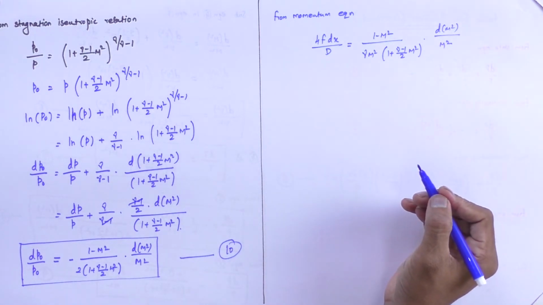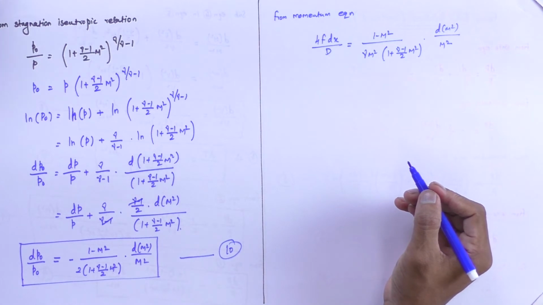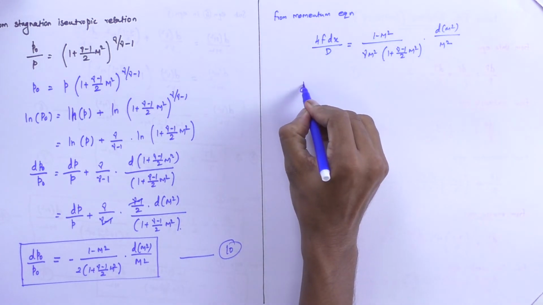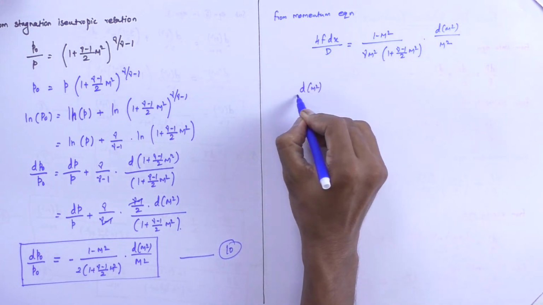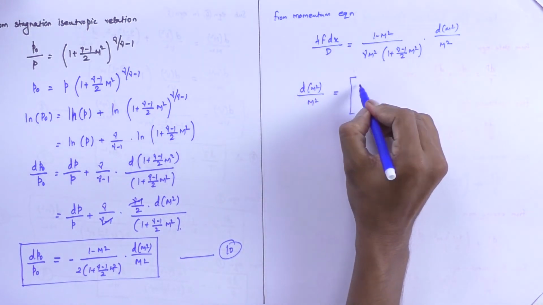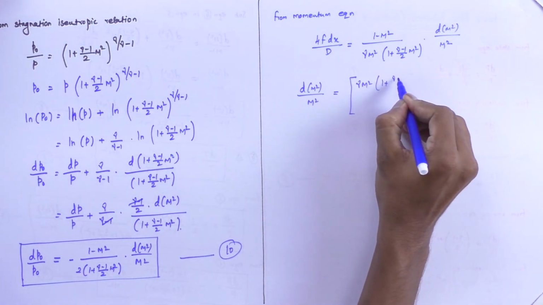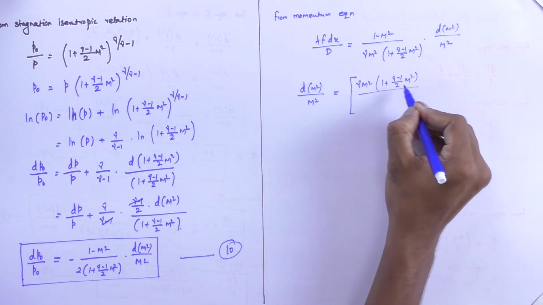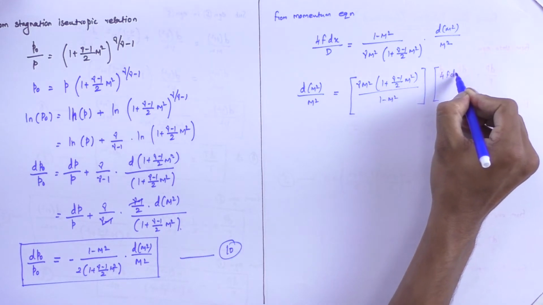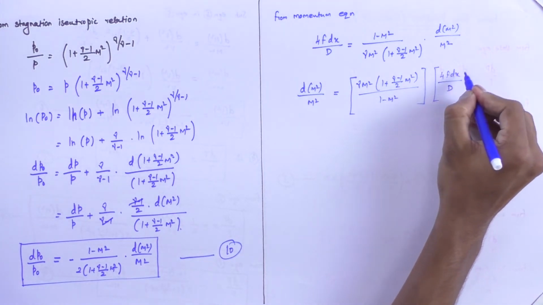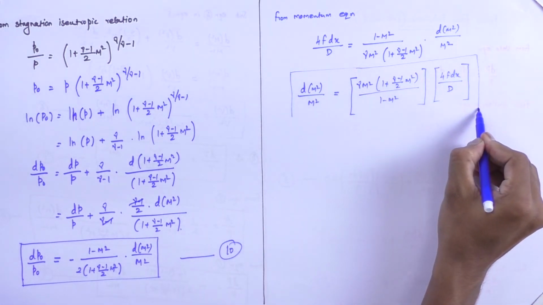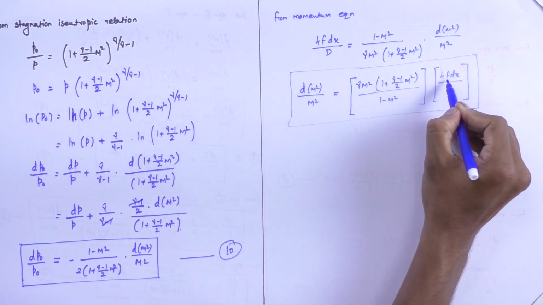In reverse, here we can represent Mach number variation as a function of this frictional coefficient and dx. So, d of M squared divided by M squared is equal to the reciprocal of this term, gamma M squared into (1 plus (gamma minus 1) by 2 M squared) divided by (1 minus M squared), into 4f dx divided by D. Actually, all the property variations are only a function of this dx value and f value.